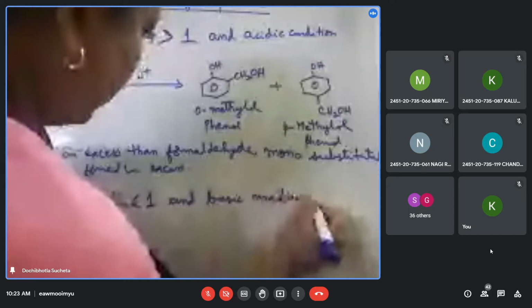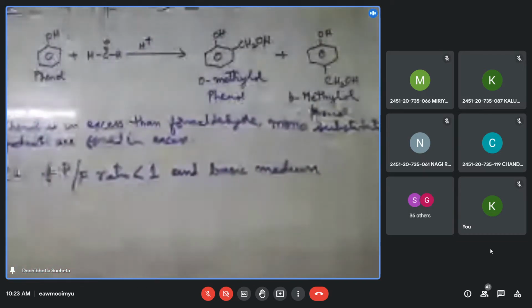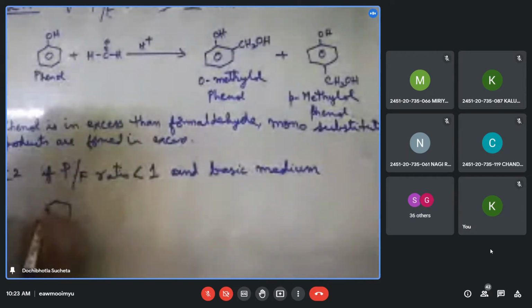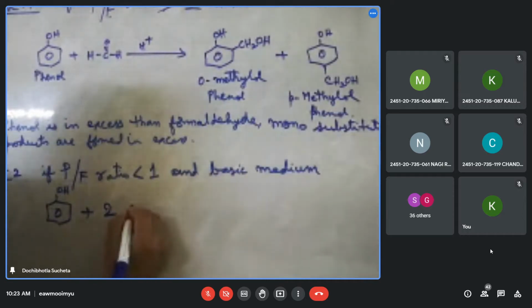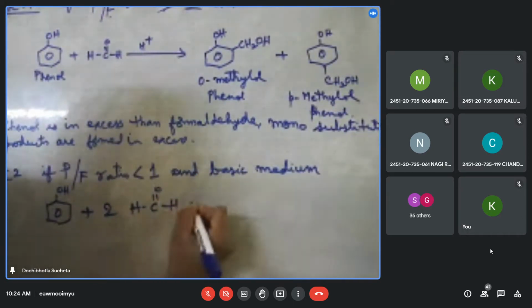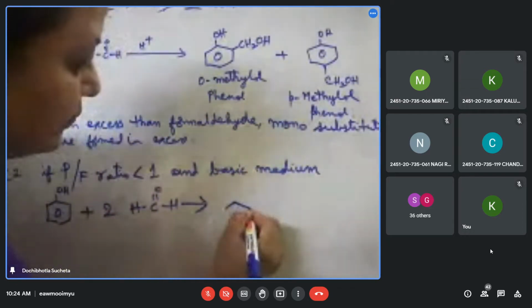So what's going to happen? What do you see? More than one substitution is possible in this case. Just check it out. This is phenol. More than one substitution is possible. So phenol reacts with 2 formaldehyde molecules to form di-substituted phenols like this.